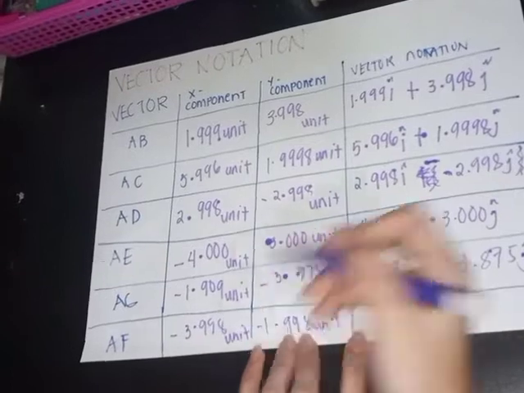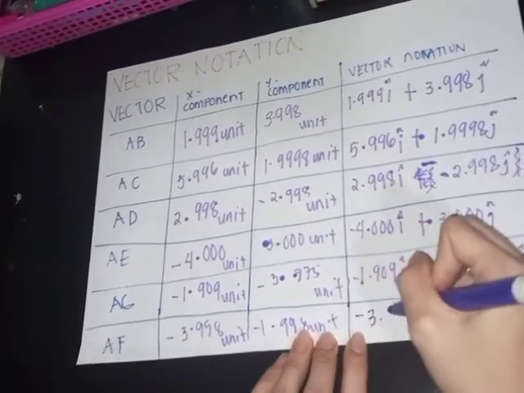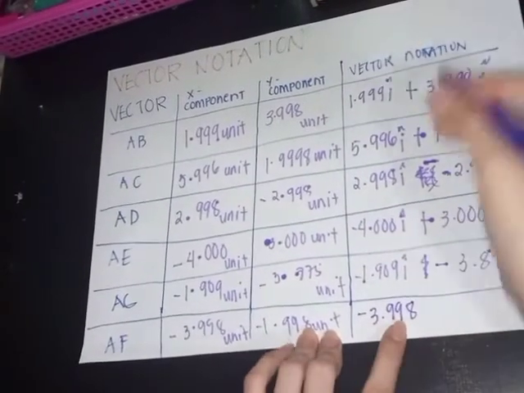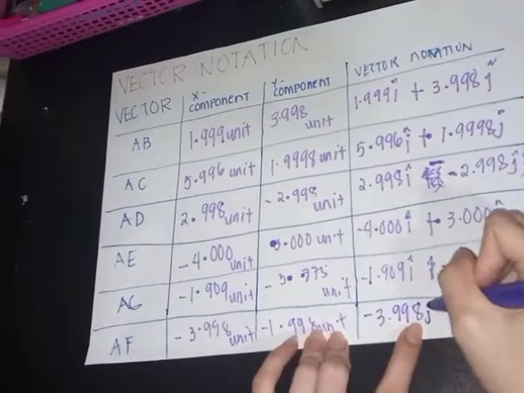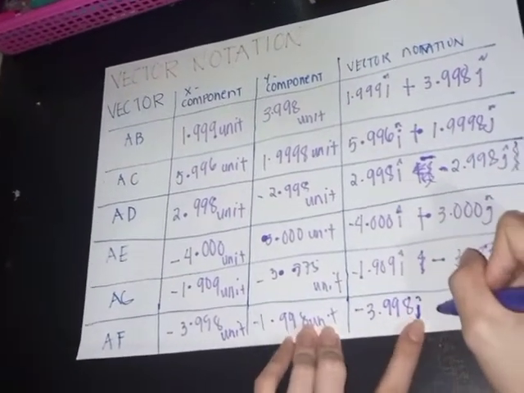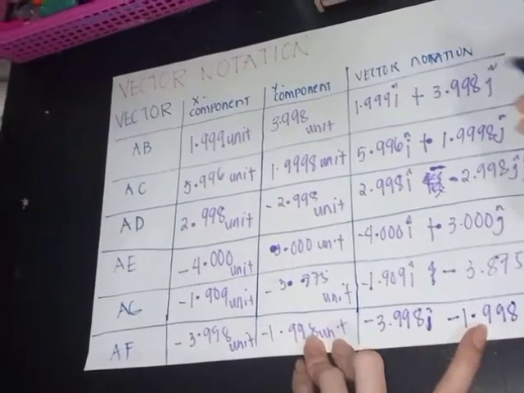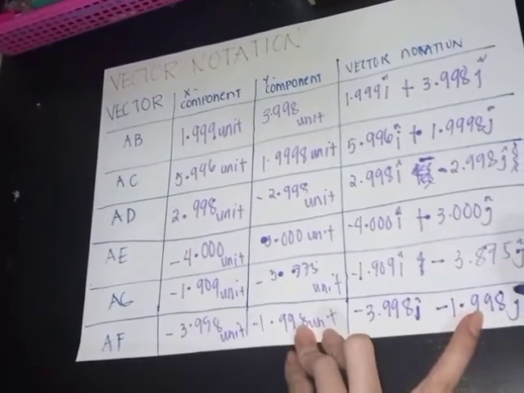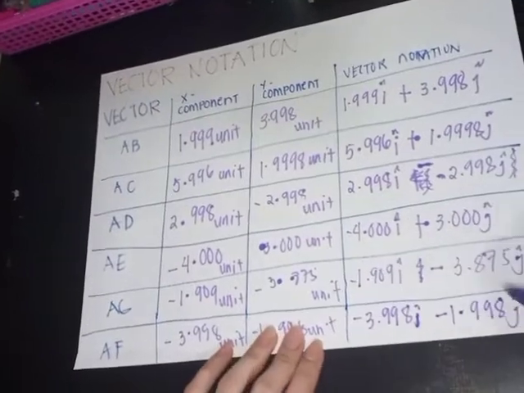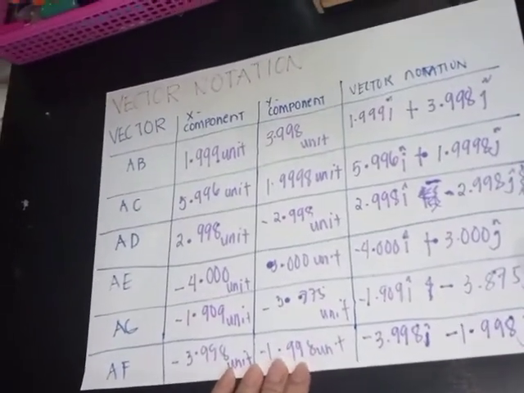So for x component we have 3.998 and then the vector notation i minus 1.998 and then vector notation j. Ayan. So this is how you write vector notation.